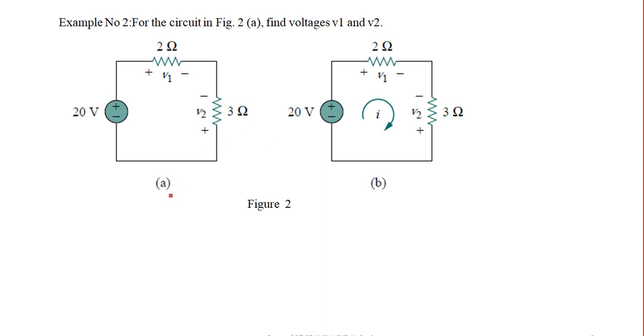If this circuit is given to you, then how to proceed? You can modify the circuit in this way. What kind of modification have I done? I have just assumed that there is a current I flowing in a clockwise direction through the entire circuit.